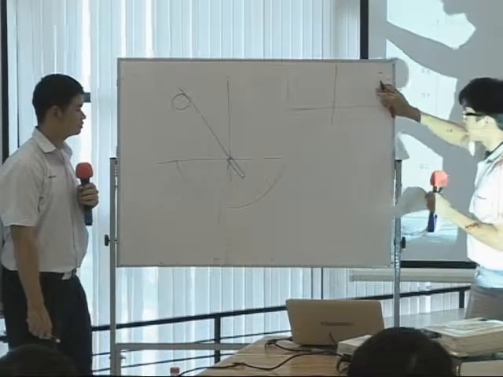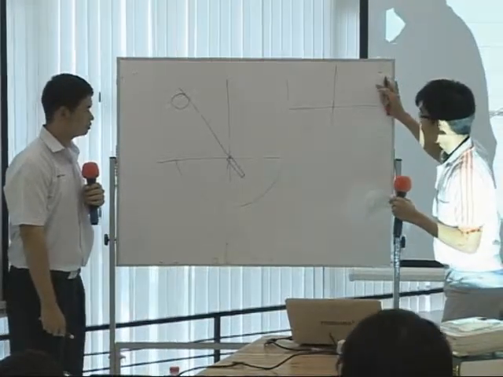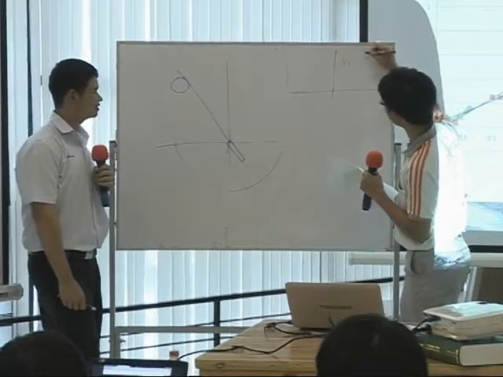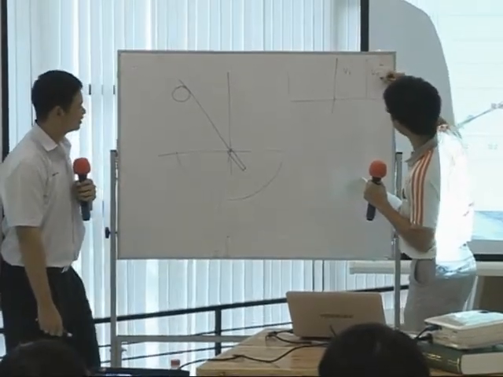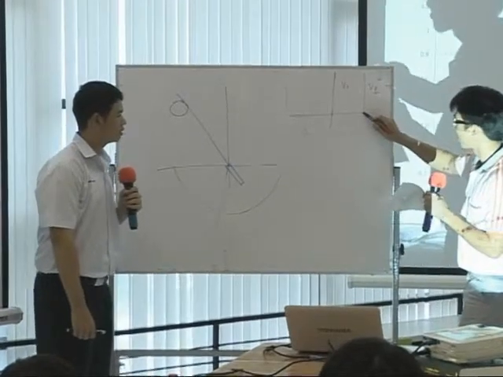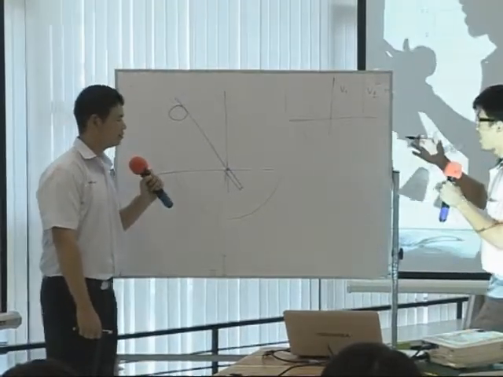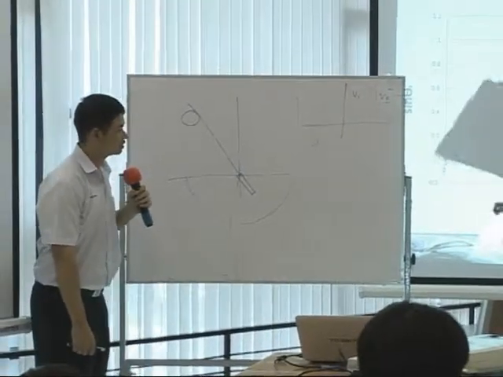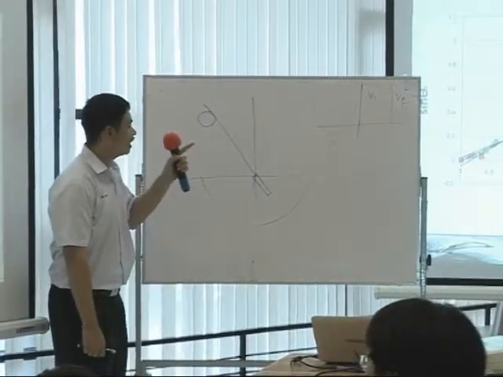If the velocity increases, it is v1 and then v2. What is the difference? What happens differently if we change V?